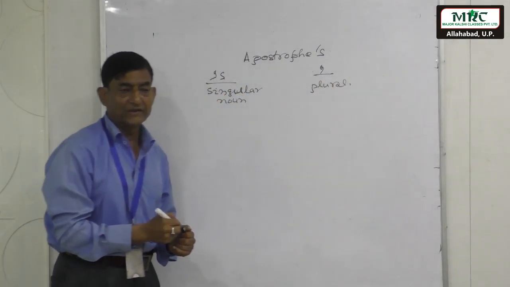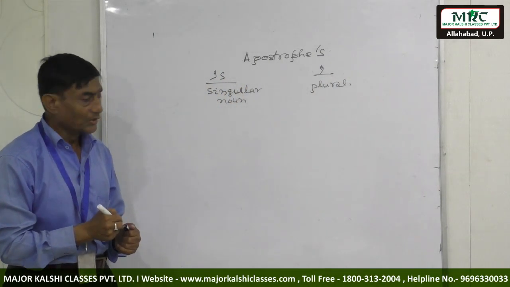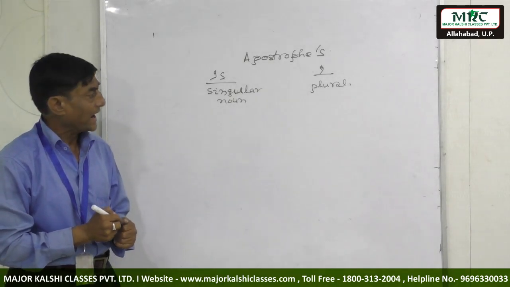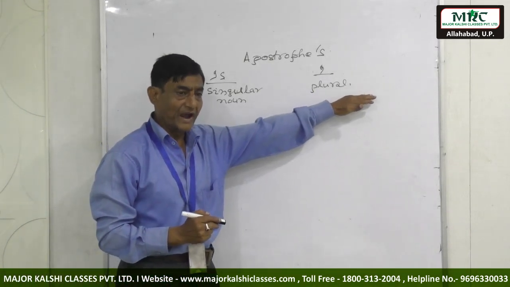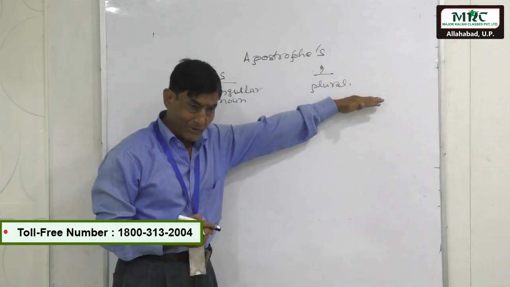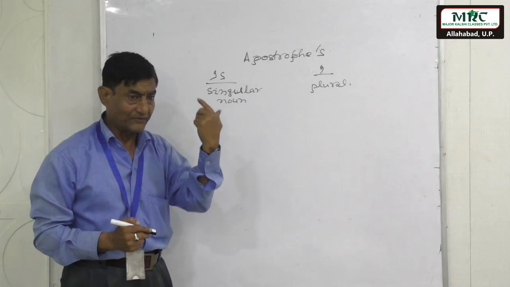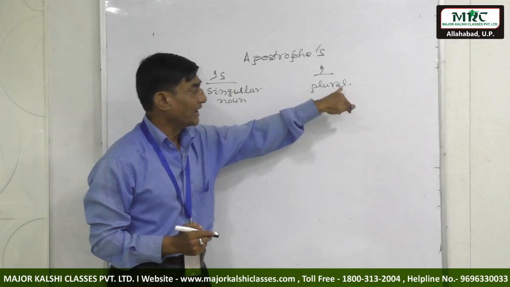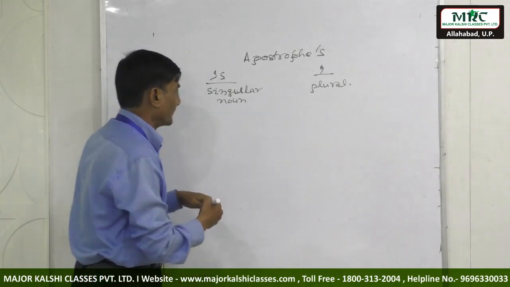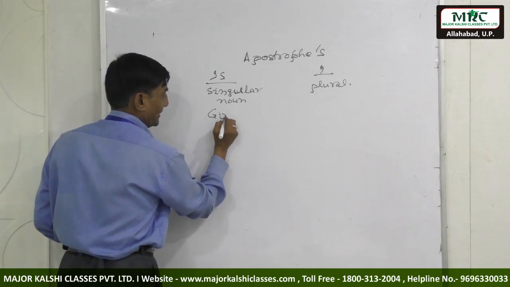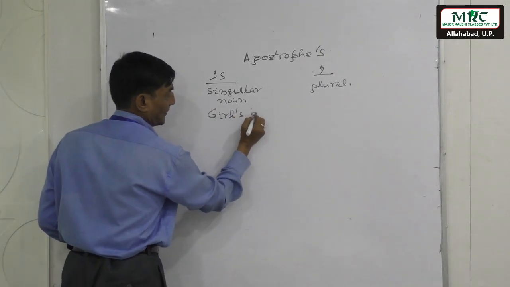But the condition is that we should derive the plural by adding s, and the rule is that if a noun is derived with the use of s, we never use s after the apostrophe, and we just use the sign of apostrophe. For example, girl's book.